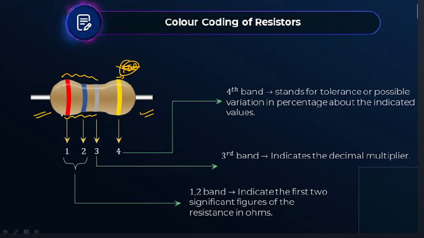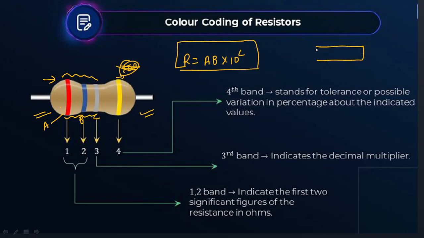So let us say the first one is A, second one is B, third one is C. The simple thing we have to remember is that resistance is AB, the first 2 bands, and we start from inside. So AB into 10 to the power C. Just a very simple formula. Suppose this is the resistance.